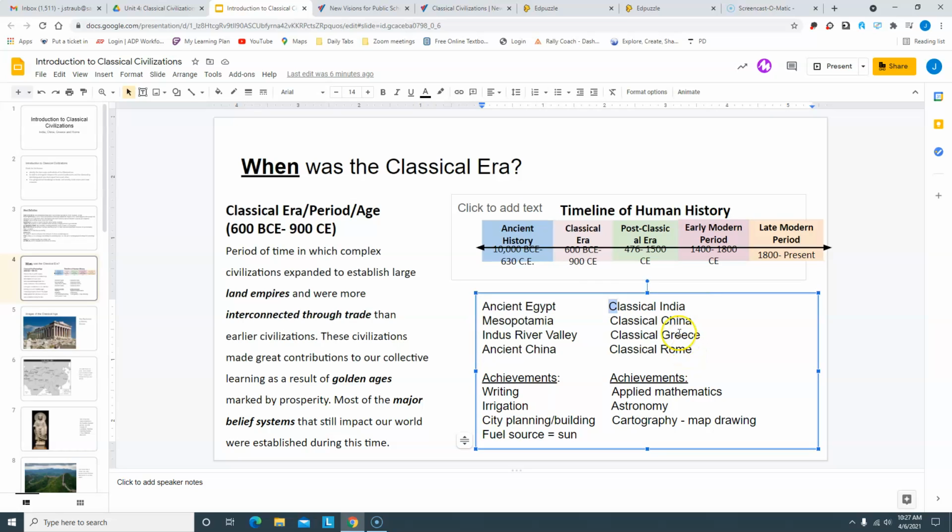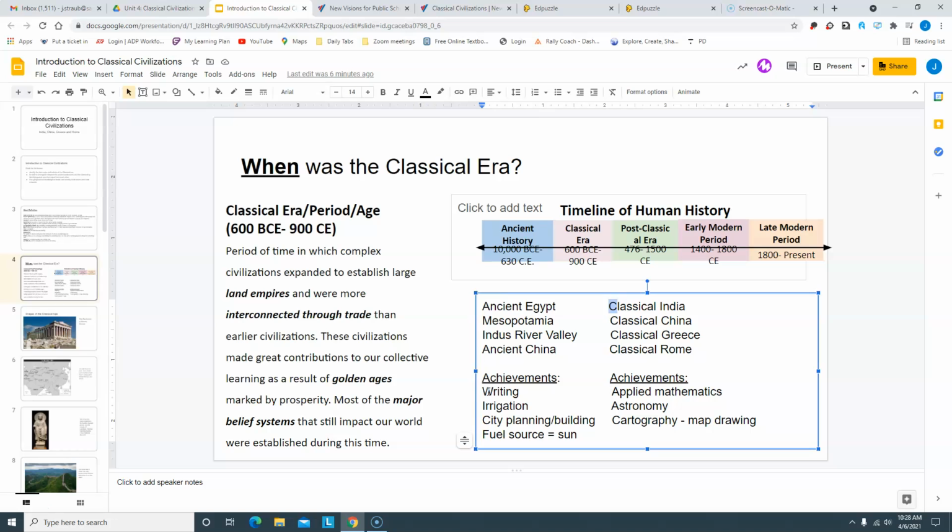In our future units, before we're done with this course, we are going to talk about post-classical era, the early modern period, and that's pretty much where we'll end. But achievements, looking down here again to this chart, in ancient Egypt, Mesopotamia, the Indus River Valley, and China, what did they achieve?